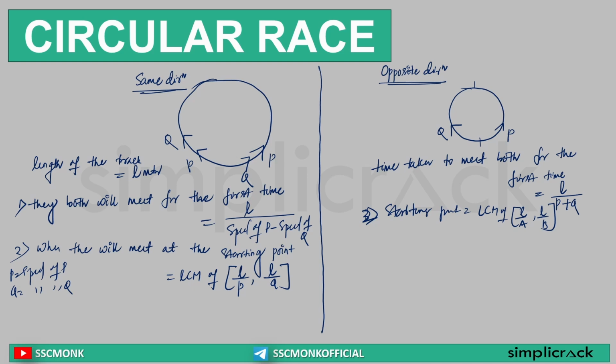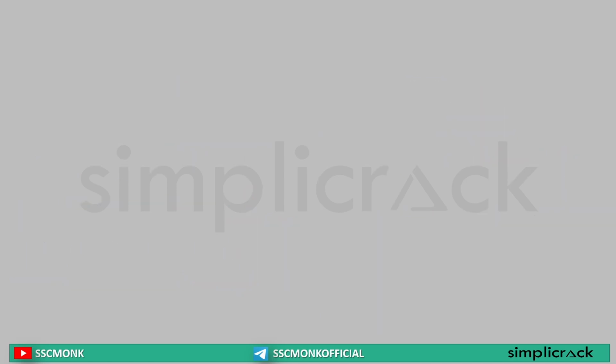Now, while solving such questions, if it asks how many different times they will meet, that completely depends on the number of revolutions they will make on that particular circular track.